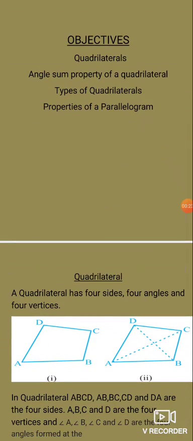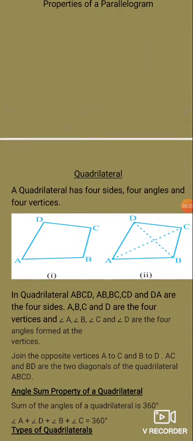Now, dear children, today we are going to start the new chapter, quadrilateral. You know different types of quadrilaterals and also their properties. Listen carefully. A quadrilateral has 4 sides, 4 angles and 4 vertices.